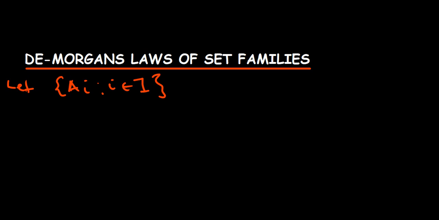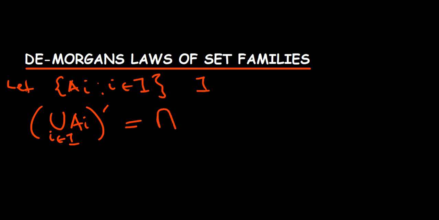Okay, so if we have this, where I is the indexing set, then it's going to hold that the complement of the union over i, a member of the indexing set, of these arbitrary families of sets Ai is going to be equal to the intersection over i, a member of the indexing set, of the complements of the arbitrary family of sets, like that. So this is going to hold.